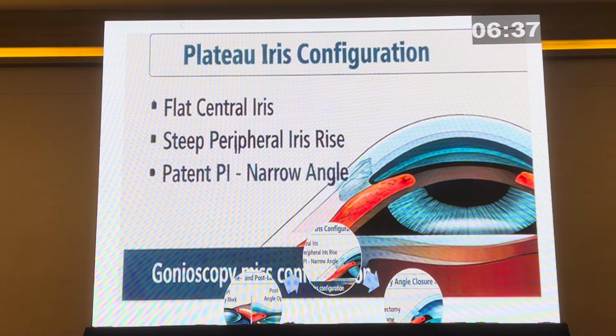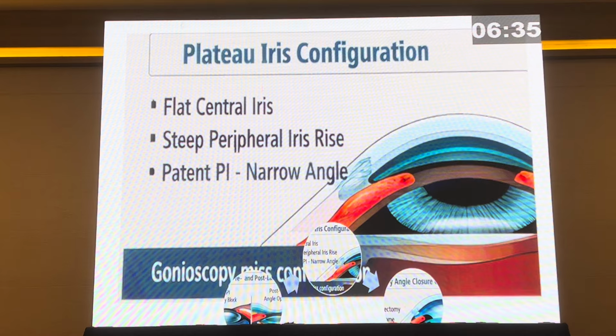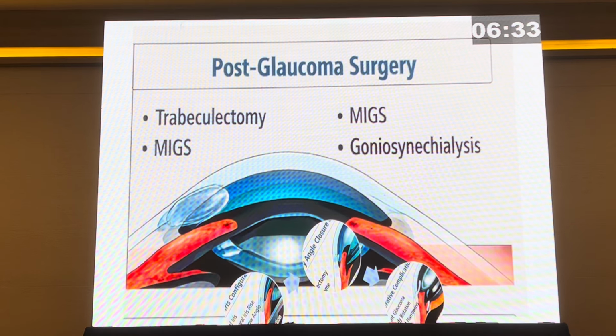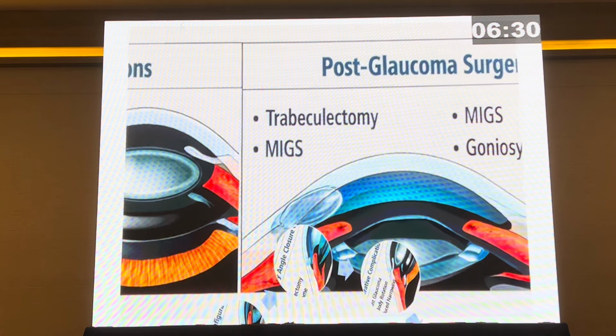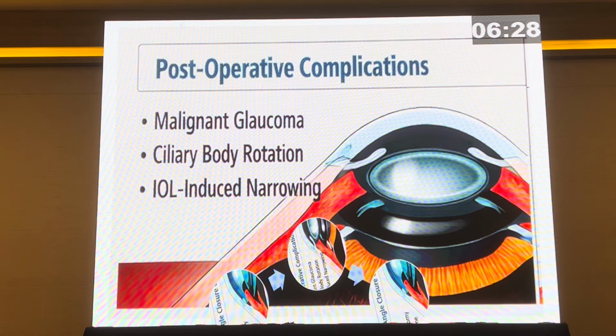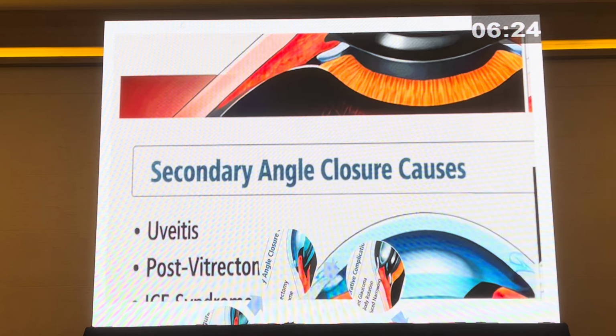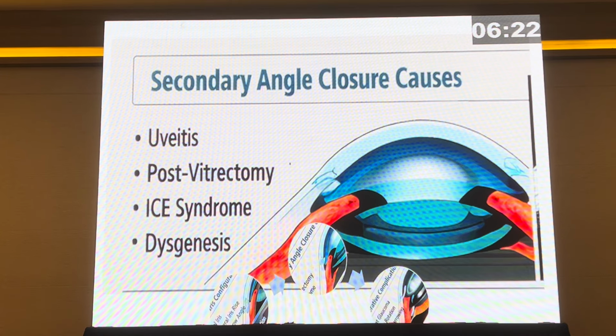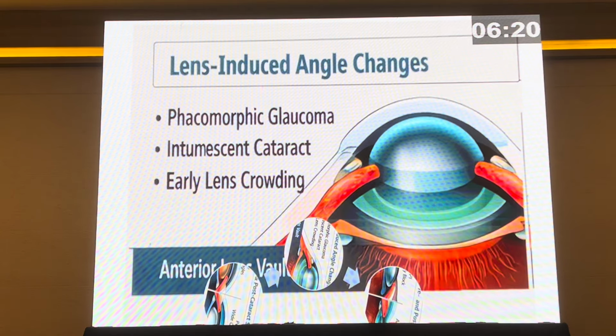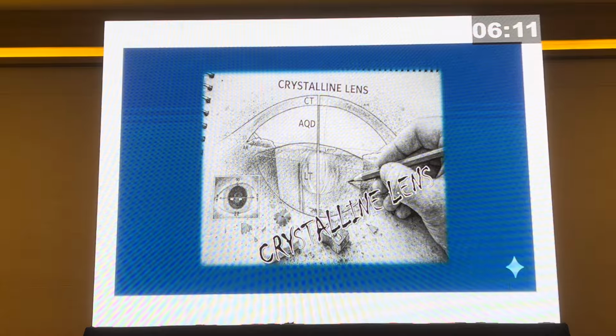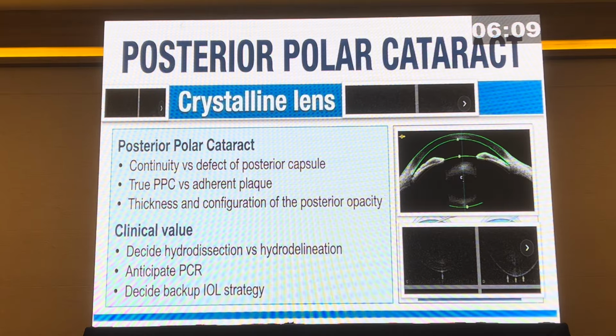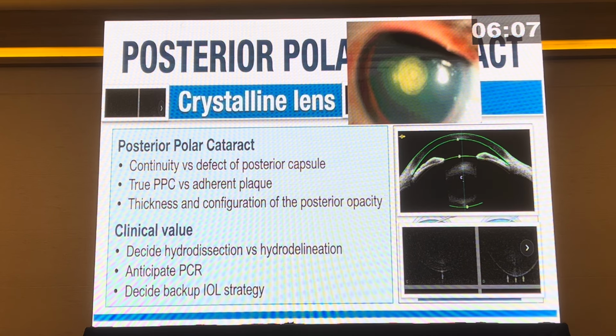The other uses would be assessing plateau iris configuration, assessing post-glaucoma surgeries, and post-operative complications like malignant glaucoma, ciliary body rotations, secondary angle closures, as well as lens-induced causes for glaucoma like phacomorphic glaucoma, intumescent cataracts, the causes behind that angle closure.